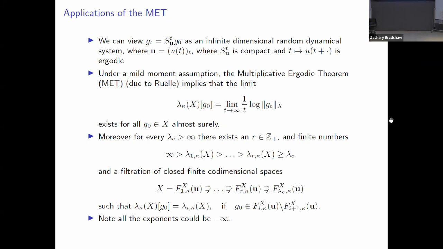Under some mild moment assumptions, if I look at the asymptotic exponential growth rate, this limit always exists. A priori, I'm going to say it depends on the space X that I'm looking at it in, and in general it also depends on the initial data. This limit exists, and it doesn't depend on the noise or the velocity field, so it doesn't depend on U at all.